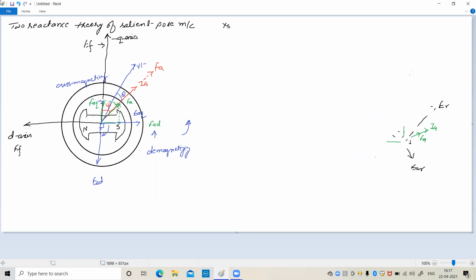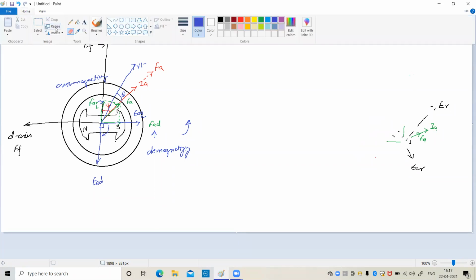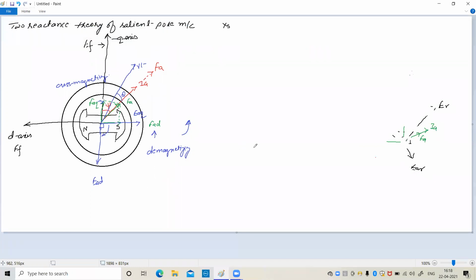Okay, so we'll take one diagram, and from this diagram we try to develop the vector one. So here again it is a field MMF FF.